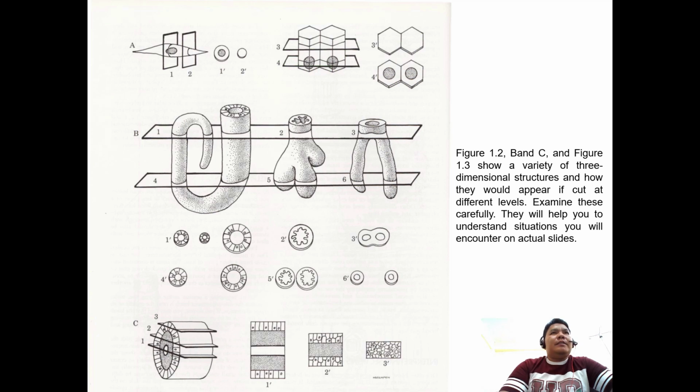Cells are three-dimensional objects differing in size and shape. For example, some are long and thin, some are cuboidal, and others are ovoid. They may have a random or specific arrangement within an organ. How they appear depends on their shape as well as how they were cut.